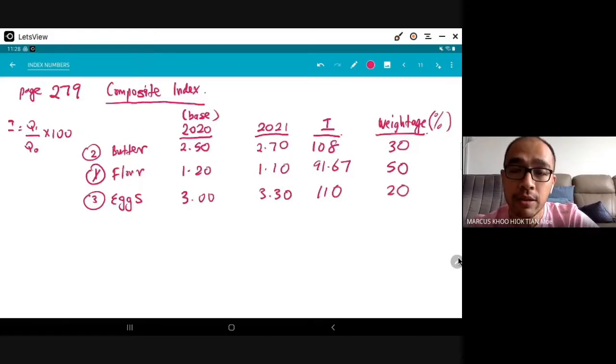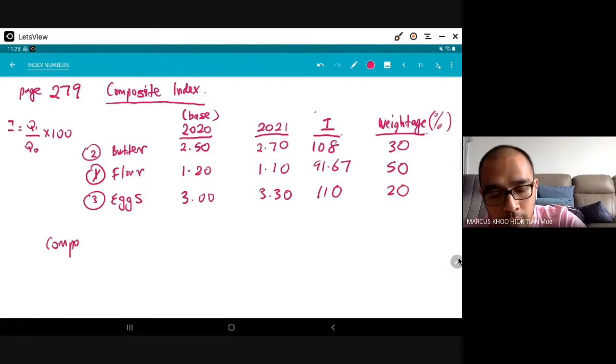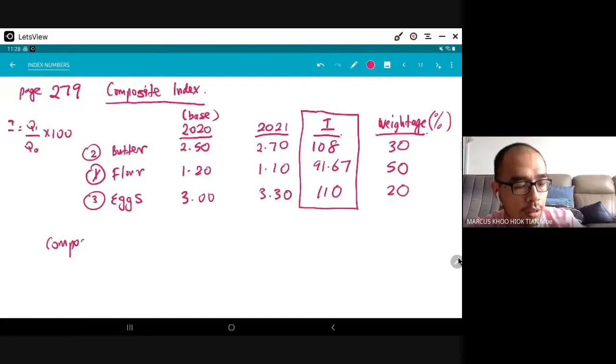So I want to know the composite index, because we want to combine these three price indices to find the composite index of a cake.